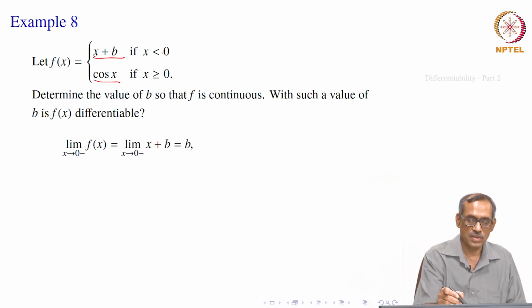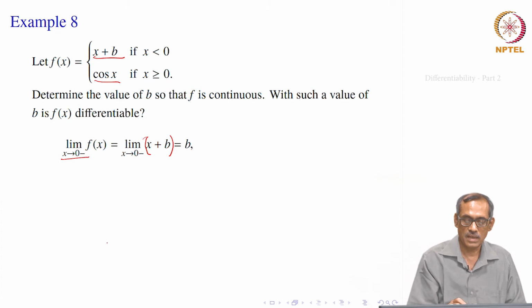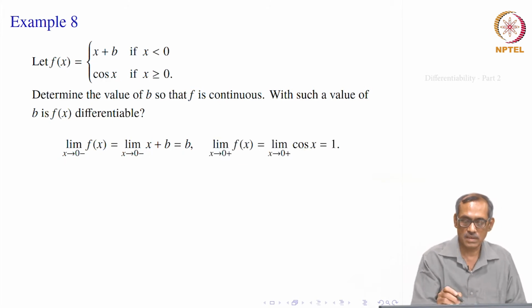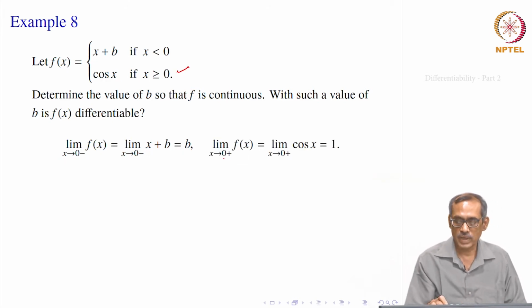So, when x is negative, you are taking x goes to 0 minus, x is negative but near 0. So, you have the limit as x goes to 0 minus of this function x plus b, that gives us b. And when x is bigger than 0, the other condition is applicable. So, as x goes to 0 plus, f of x will be the limit of cos x, that is equal to 1.